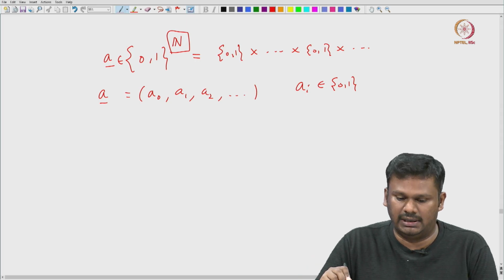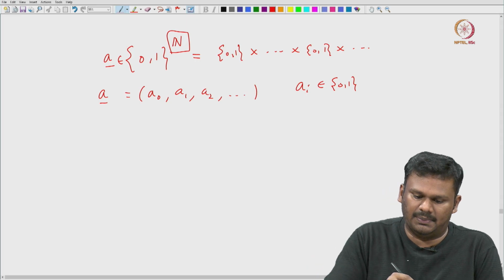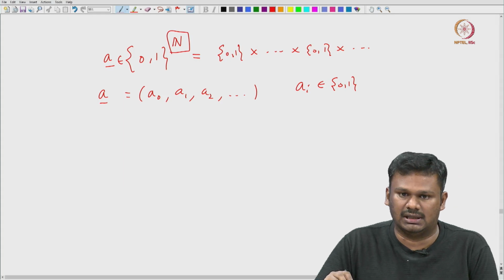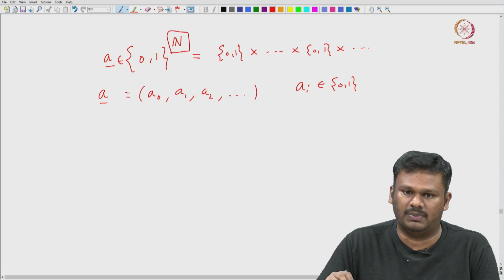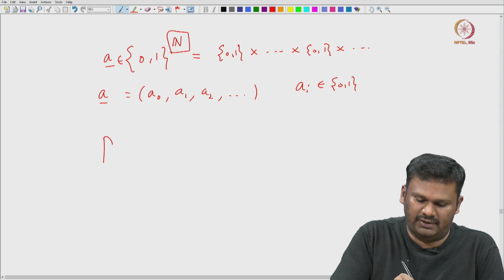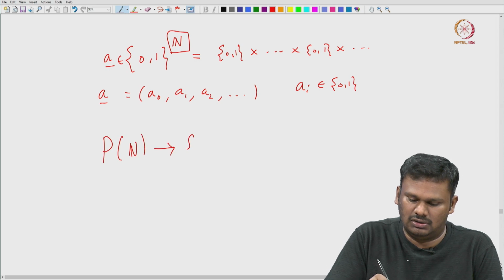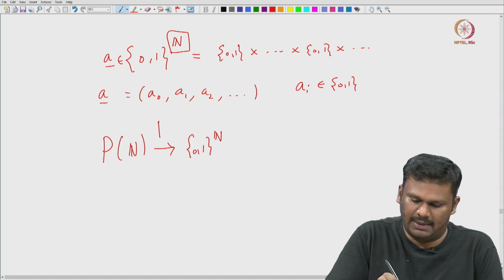So, it is natural to expect that the power set of N will bijectively correspond to this set {0, 1} to the power N. So, we have the power set of N, and then from that to {0, 1} to the power N. We will be able to define this bijection capital F.